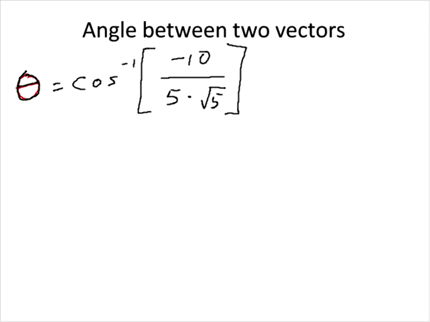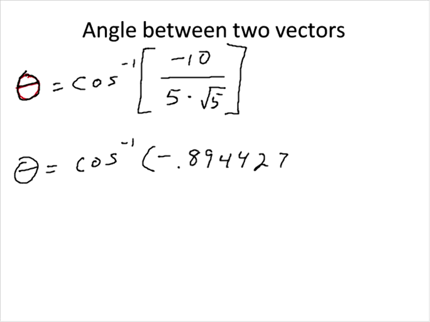Now, to be honest with you, I'm just going to plug that all into my calculator. So the angle between these two vectors is equal to the cosine inverse of, when I plug that into my calculator, I get -0.89442791.